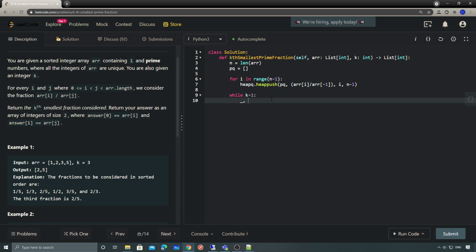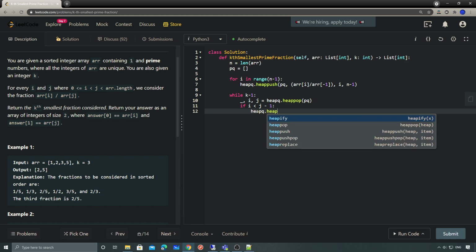And so we have this i and j. So heapq dot heappop on the priority queue. And we get the next one when i is smaller than j minus 1, because if i equals j minus 1, then those two numbers are next to each other, which means there are no more fractions in this sorted list.